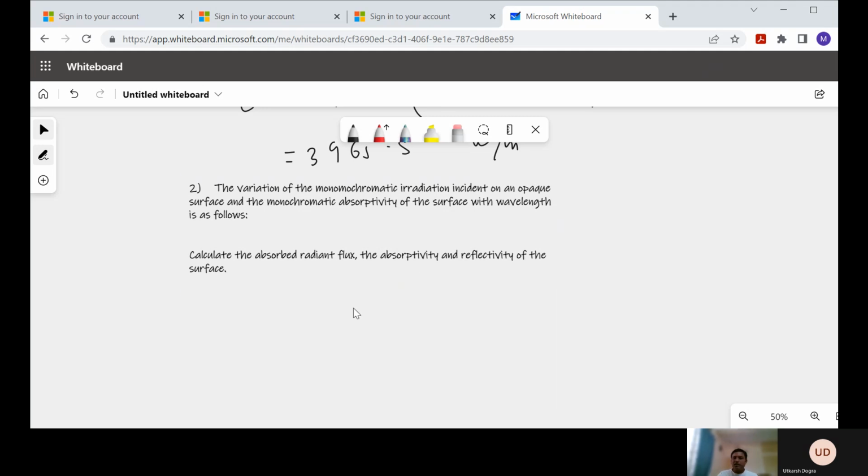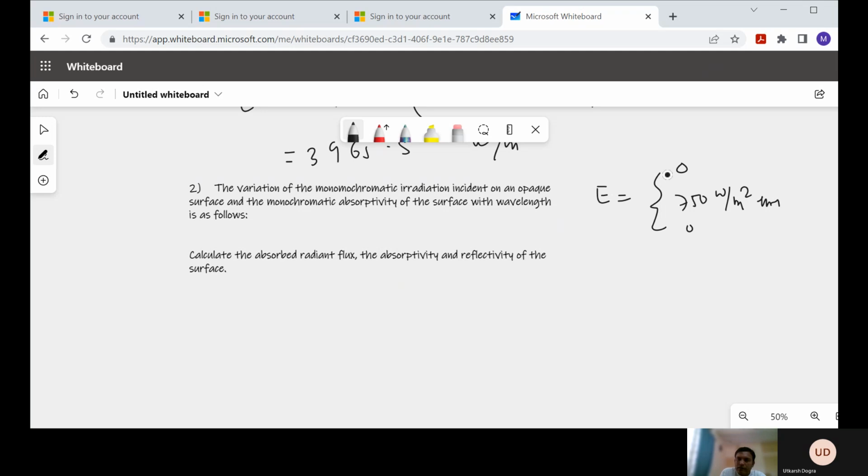In the second question, let me just write down what is being given. You have been given additionally E is given as 0, 750 and 0, in watt per meter square micrometer.